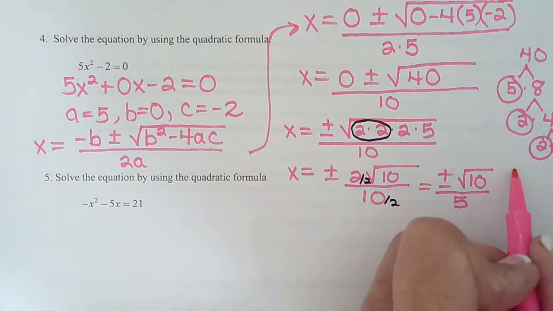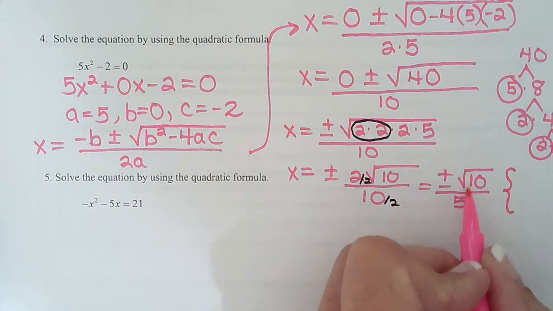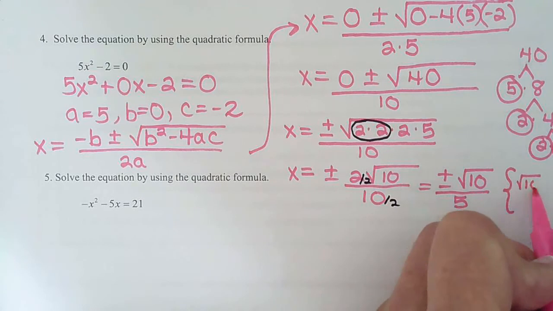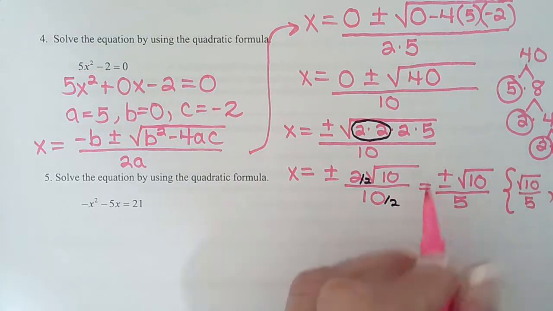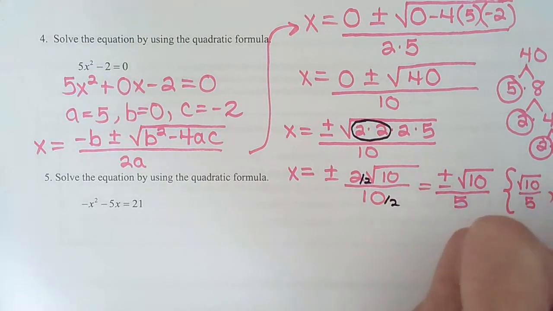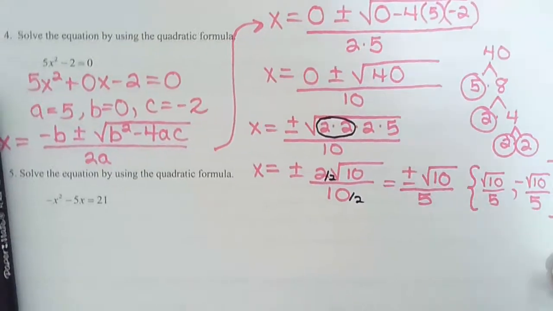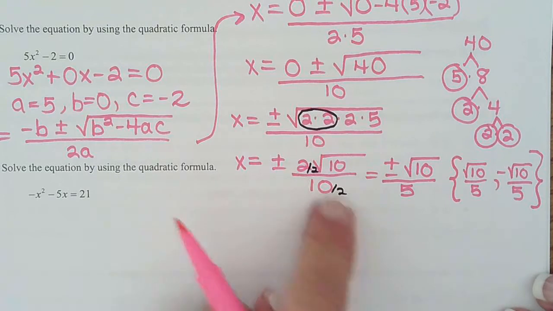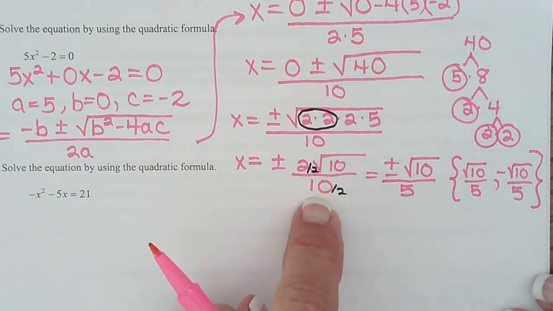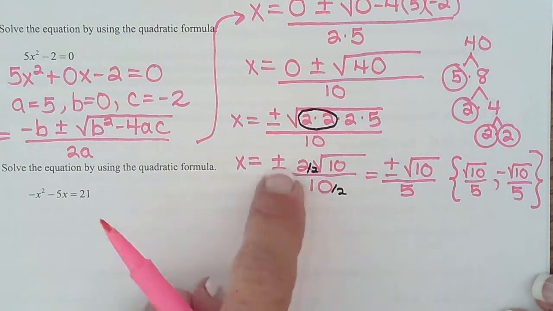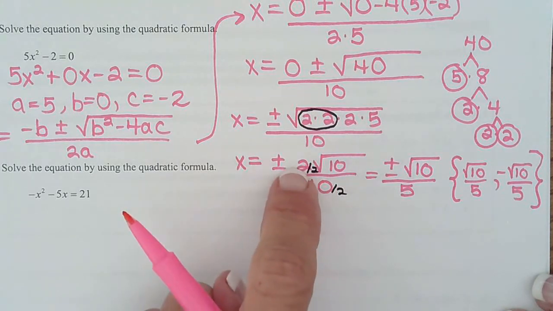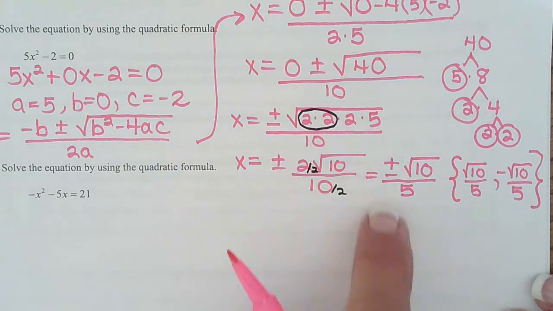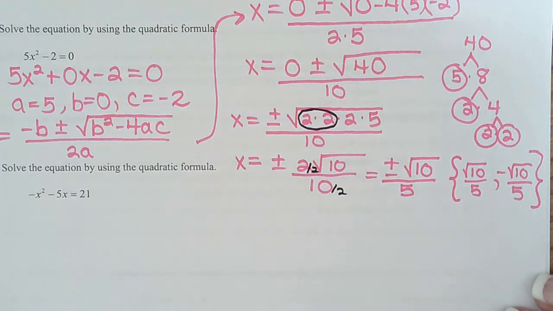And so that leaves my 2 solutions as radical 10 over 5 and negative radical 10 over 5. So those are my 2 solutions. And again, I only had 2 terms, the numerator and the denominator, to divide by, because there was nothing up here. 2 was common. So it's like simplifying 2 tenths into 1/5. And then the radical 10 just stayed the same.